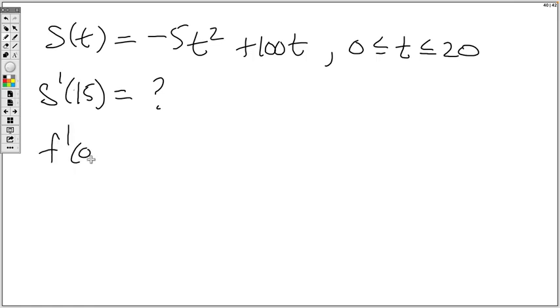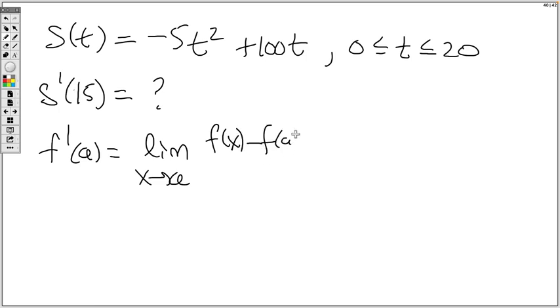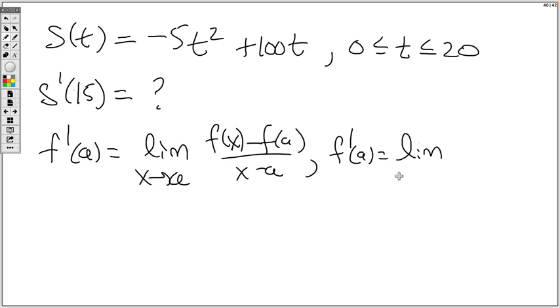We have f prime of a equals the limit as x approaches a of f of x minus f of a over x minus a. We have f prime of a is the limit as h goes to 0 of f of a plus h minus f of a all over h. So we've got two things to pick from. It doesn't matter which one we use. You follow?